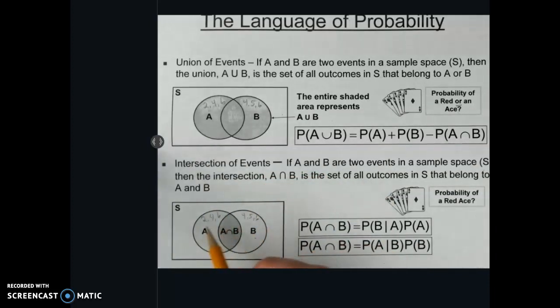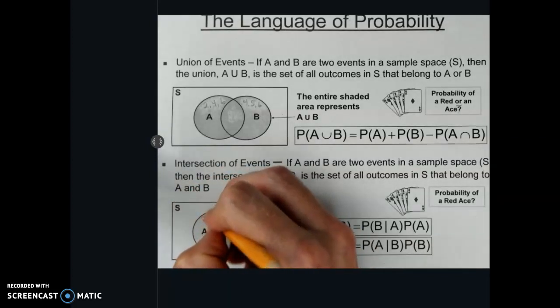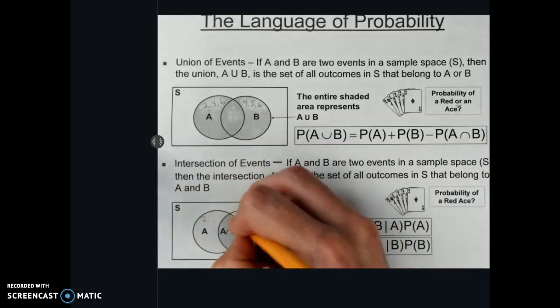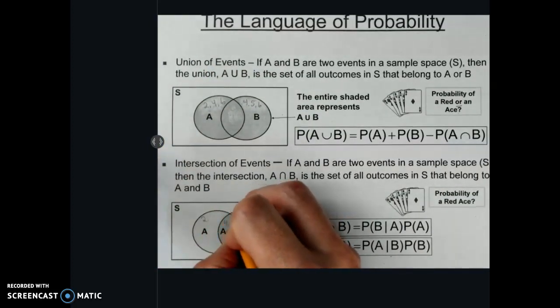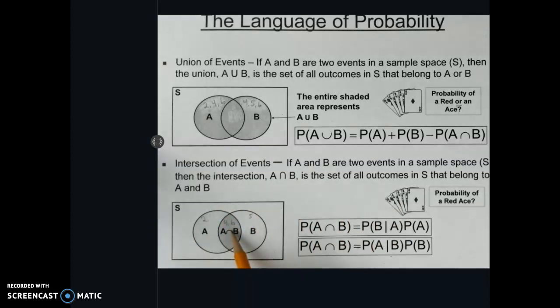Well, what outcomes, elements, belong to A and B? 2 only belongs to A, 5 only belongs to B, but 4 and 6, those belong to A and B. So visually, we might want to put 4 and 6 in this middle area, showing that the intersection is 4 and 6.